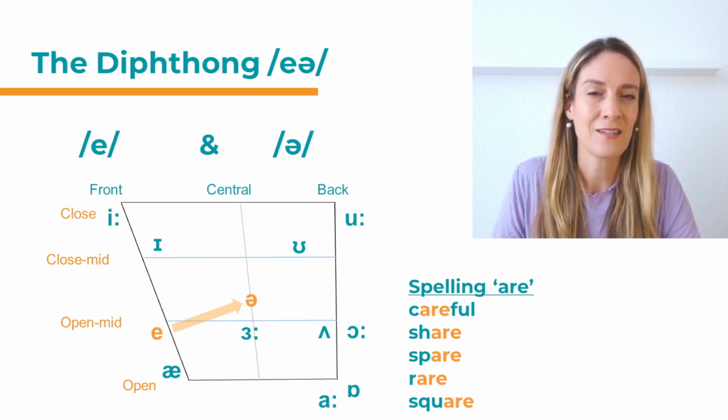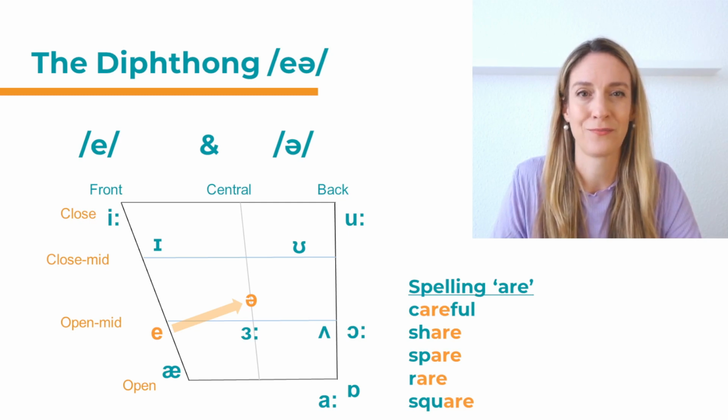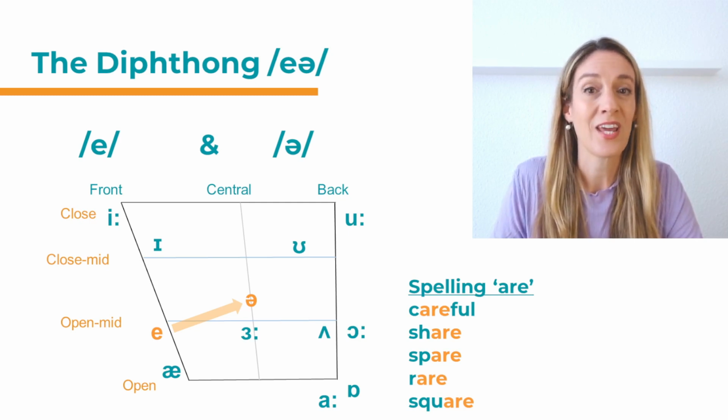This is also a little bit less common, this word, and that means something that is not very common. So the opposite of common is rare. And the last example word here is square, opposite of round, for example. All of those contain a spelling pattern ARE, and the ARE within those words is pronounced as air.